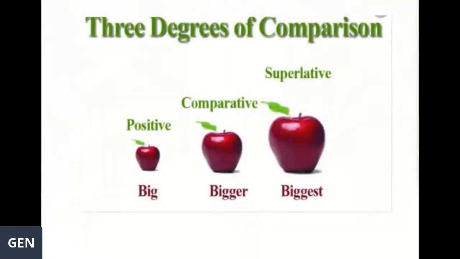So are you ready? I'm going to show you this one first before starting, okay? Please look at this. The three degrees of comparison. The first one is positive, the second one is comparative, and the third one is superlative. I have an example there, which is an apple.